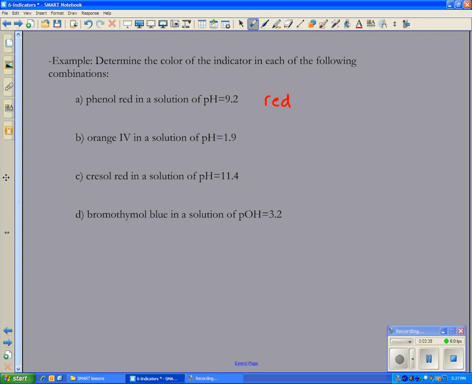Second example, orange 4. Go back up on your table. This time we have a pH of 1.9. The range for orange 4 is between 1.4 and 2.8, and the pH of 1.9 falls right in between that. So between the red and the yellow, this compound is going to look orange.